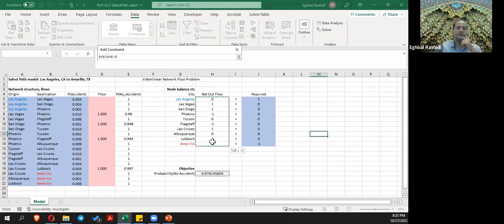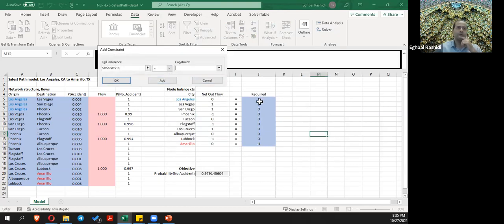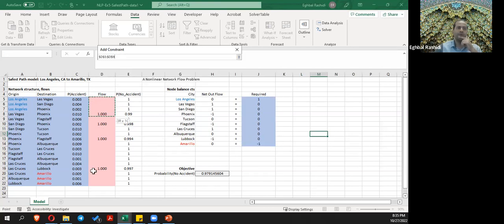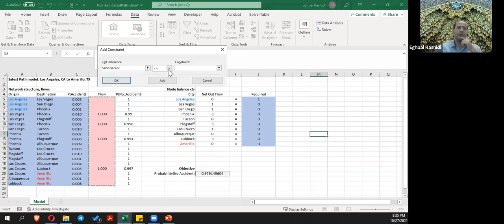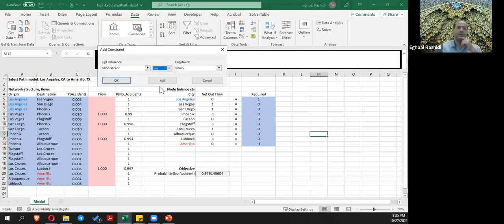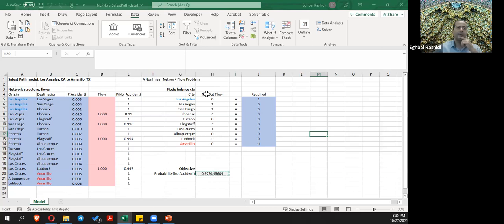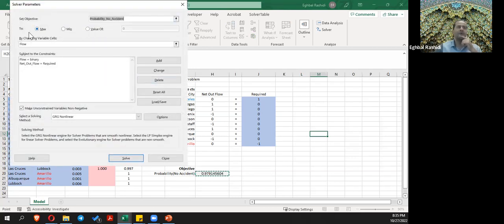I want the outflows to be equal to the required, and also I want the flow variables to be binary, BIN, add. Okay, so it says maximizing the probability of no accident by changing the flow decisions. The constraint is the flow has to be binary and the net outflow has to be equal to the required.